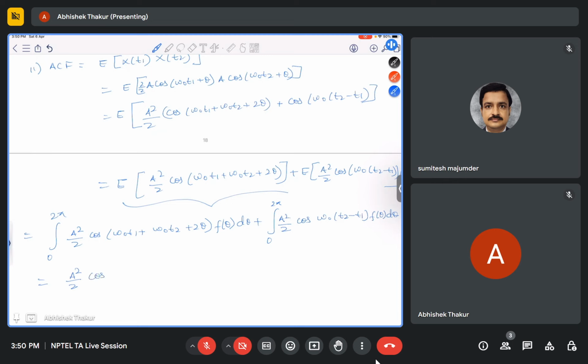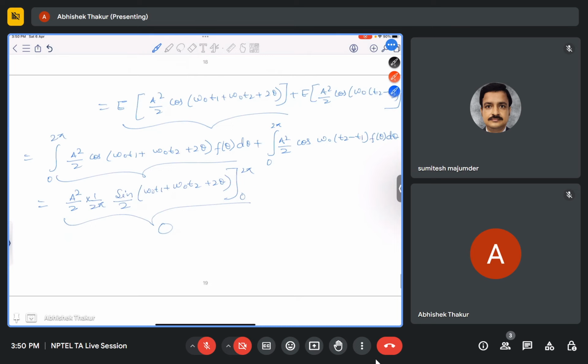First we'll take the first term. It will become a square by 2, and f theta is 1 by 2 pi, so sin(omega naught t1 plus omega naught t2 plus 2 theta), and since it is 2 theta, it will be divided by 2, with the value going from 0 to 2 pi. Now this value will become 0.